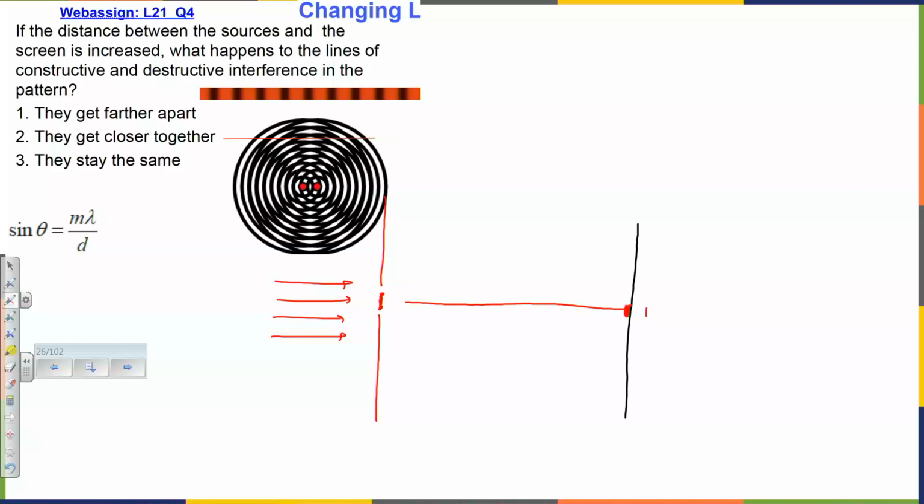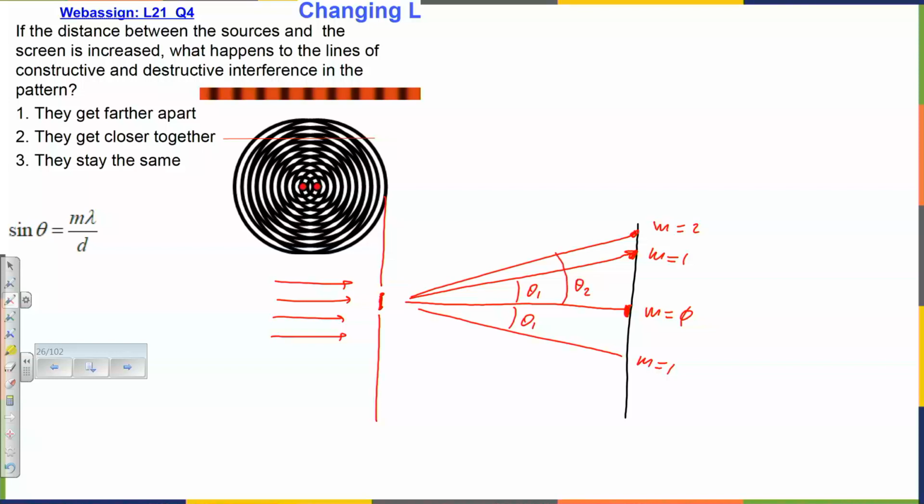That's what we call the central maximum. Also travels toward the first maximum. This is theta 1. Of course, we have another one on another side. This is theta 1. Toward the second maximum. The number of maxima is fixed, it's finite. We're going to talk about it later. That's what we call theta 2. All angles are measured from the central line.